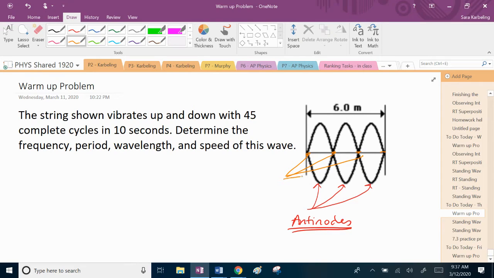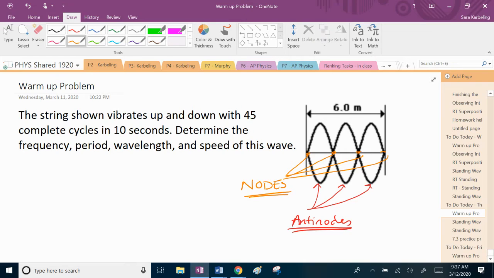Did I tell you the trick of how to remember them? So anti is going to be the opposite, right? But you got to remember one of them. The word nodes means no movement. So you can keep that in your brain. That's the place on the medium that is not moving. They are at rest. So you've got nodes and you've got antinodes.